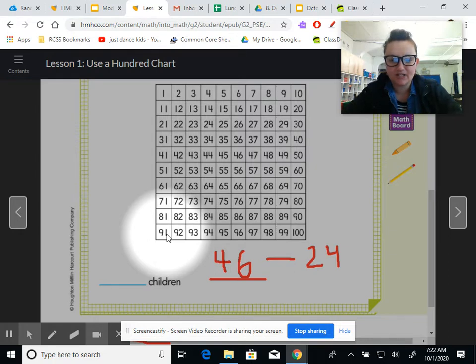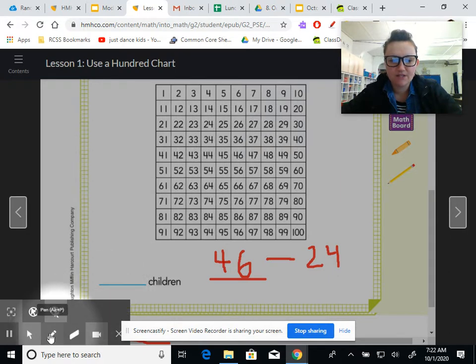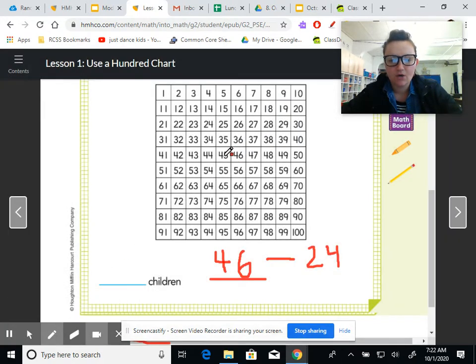Okay, now that you've had a chance to solve it, what I want you to do is look here. So instead of counting by ones each time, so instead of going 1, 2, 3, 4, 5, 6, 7, 8, 9, 10, 11, 12, 13, 14, 15, 16, blah, blah, blah, right? That takes forever.